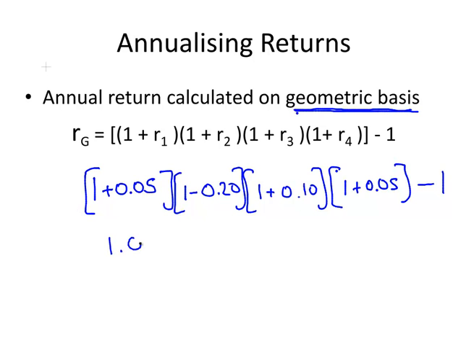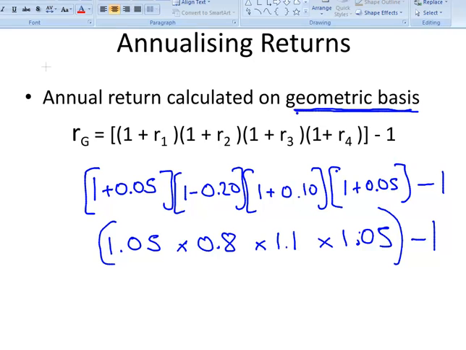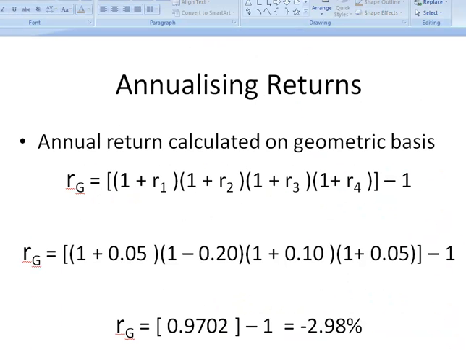So let's do 1.05 times 0.8 times 1.1 times 1.05. Multiply all those numbers out and minus 1 from that. The answer there, I have it down here on the next slide.